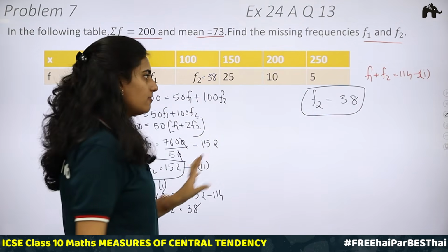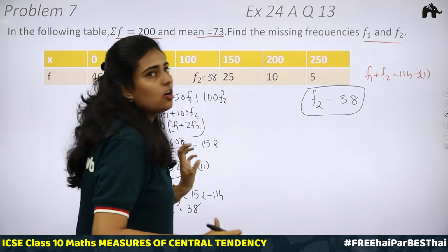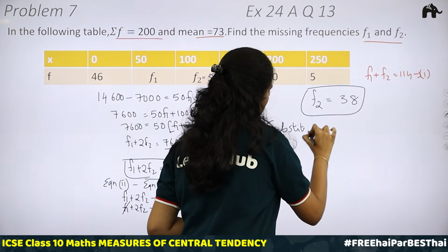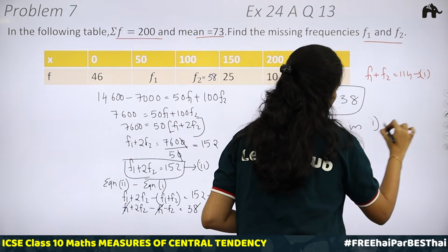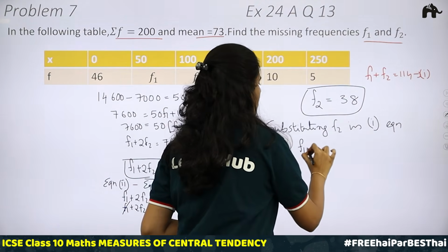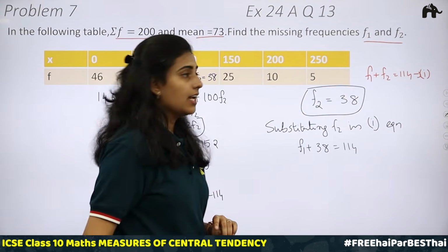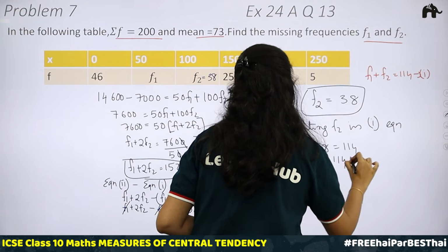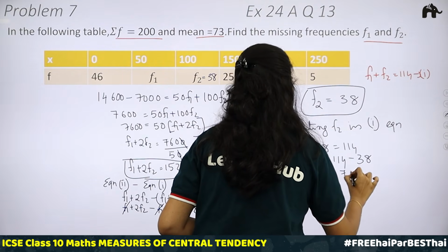Now, we need to find f1. In order to find f1, either we can substitute the f2 value in the first equation or the second equation. So, substituting f2 in equation 1, we get f1 plus 38 is equal to 114. Then f1 will be equal to 114 minus 38 and that is 76.